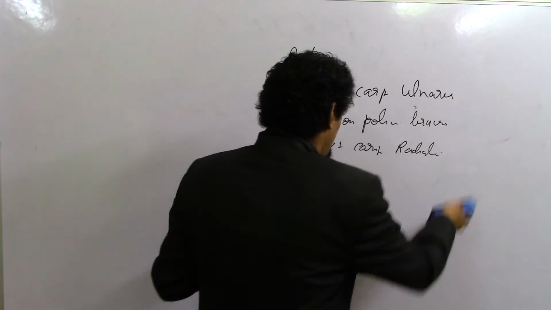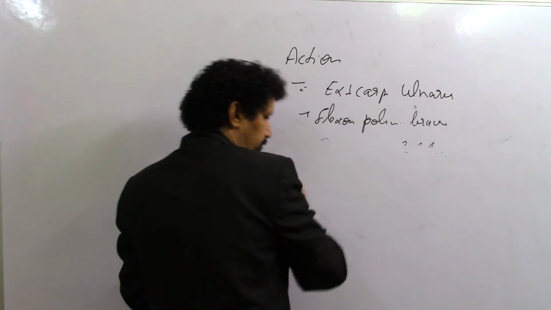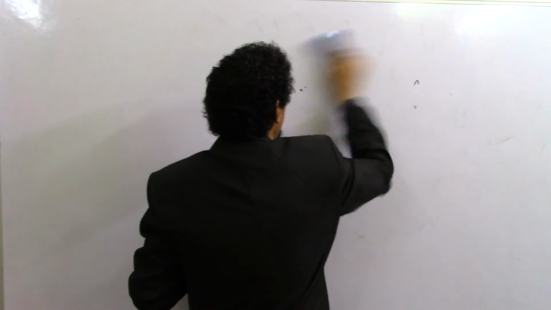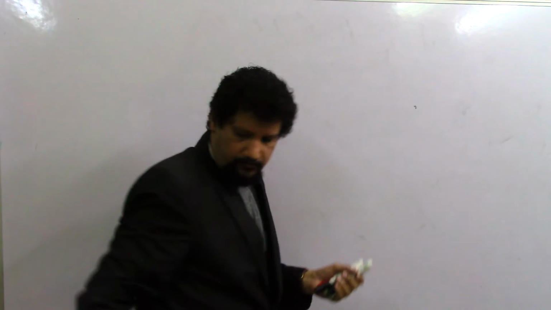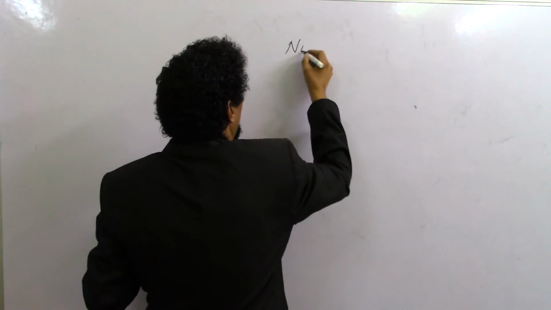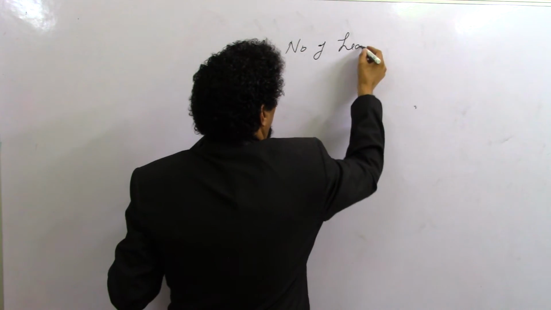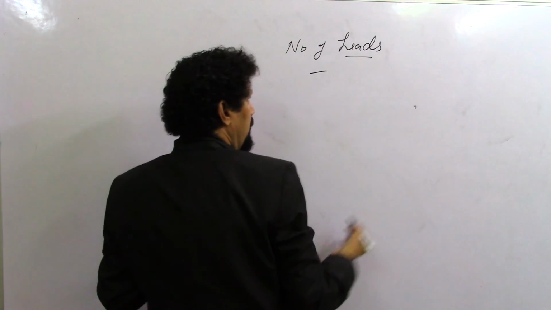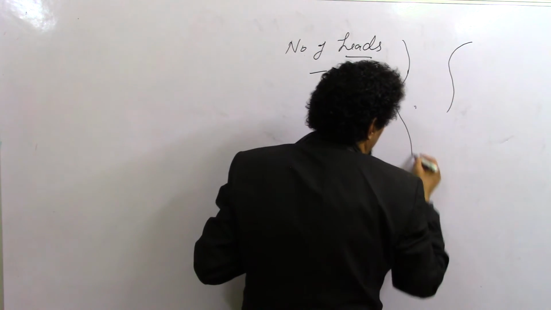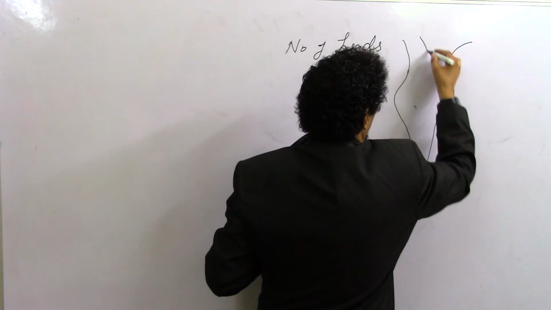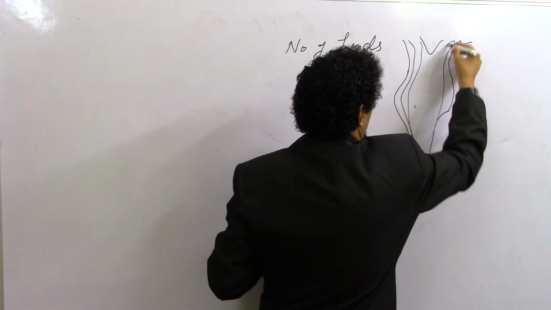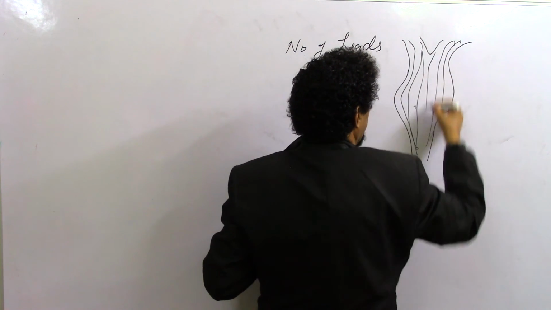When the nomenclature of the muscle is according to the number of heads, when it has two heads, it is known as biceps.